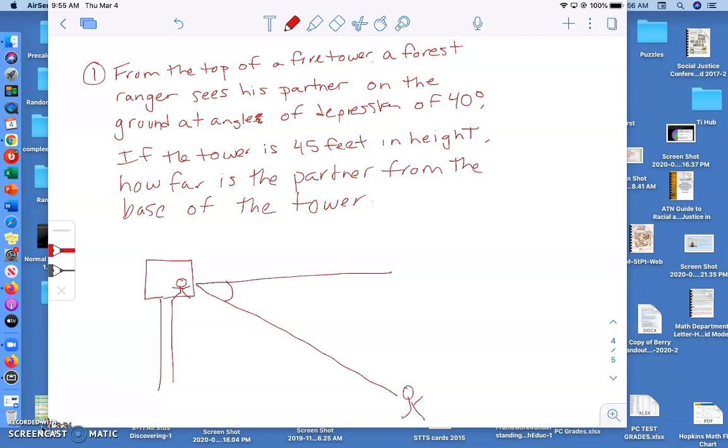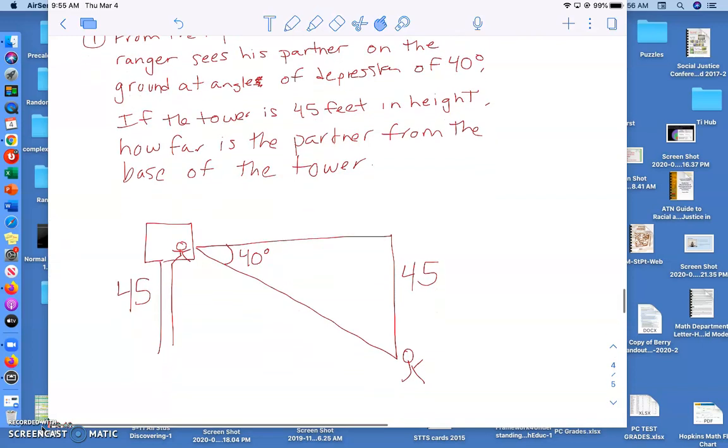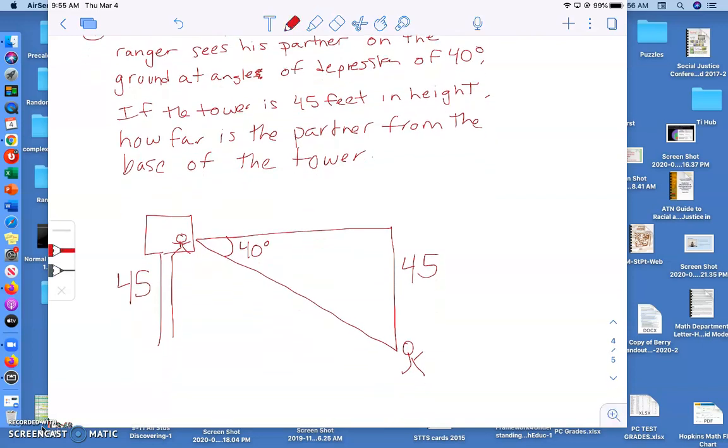So here's our angle that we know is 40 degrees. If the tower is 45 in height, so if this side's 45, well, that means this part is 45. We want to know how far the partner is from the base of the tower. So we want to know this distance.